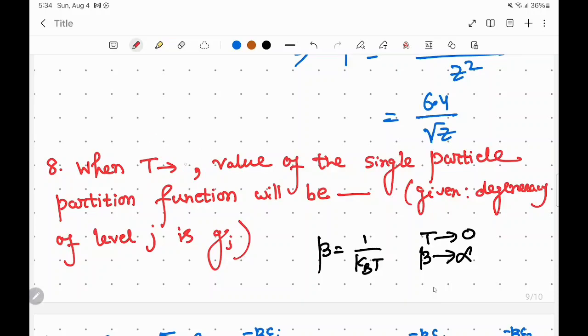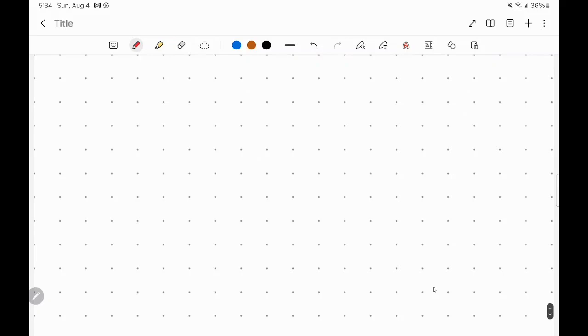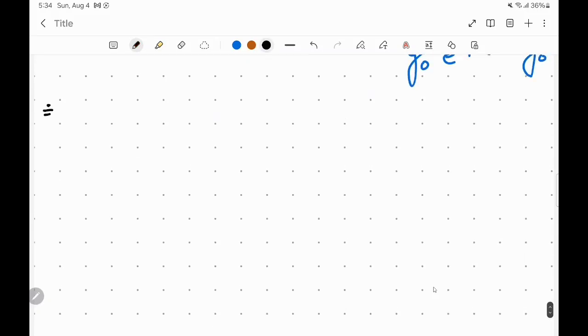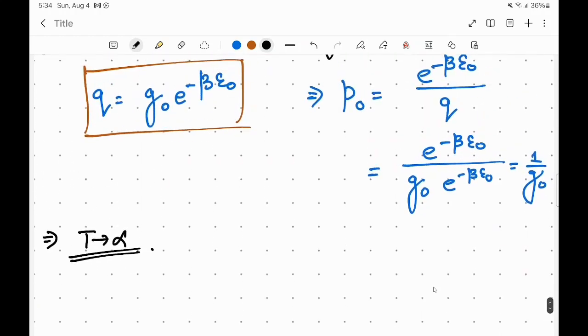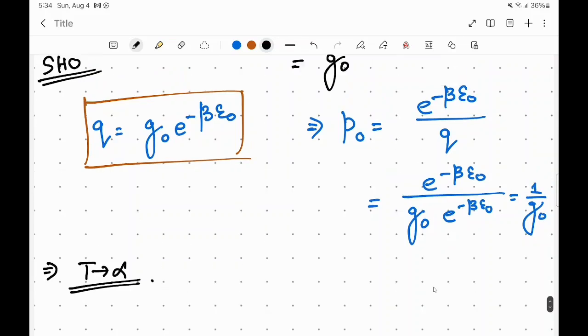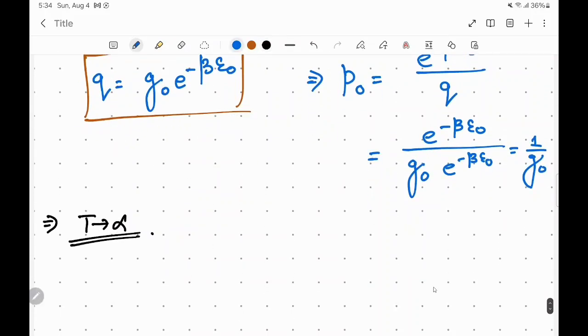So now what will be the changes in case of T infinity? One thing you can see from here, it is P0, right? And what will be Pj not equals to 0?